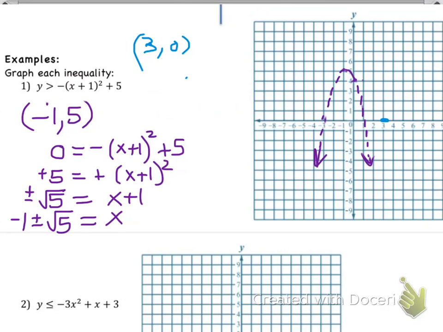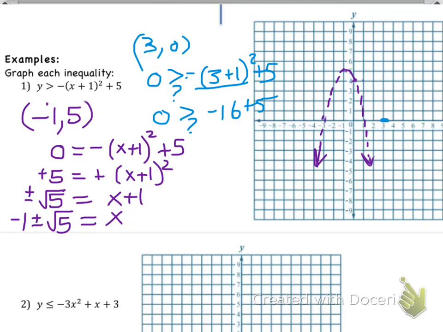So 0 is y. Is 0 greater than, question mark, negative 3 plus 1 squared plus 5? And hopefully you can kind of see that this is going to be negative 16 plus 5. So negative 11 is less than 0. Yes, that is true.